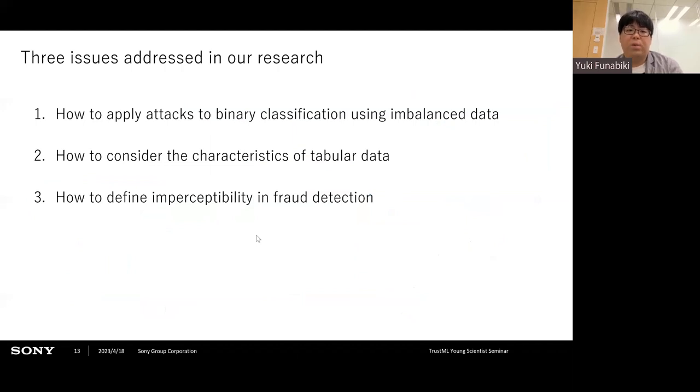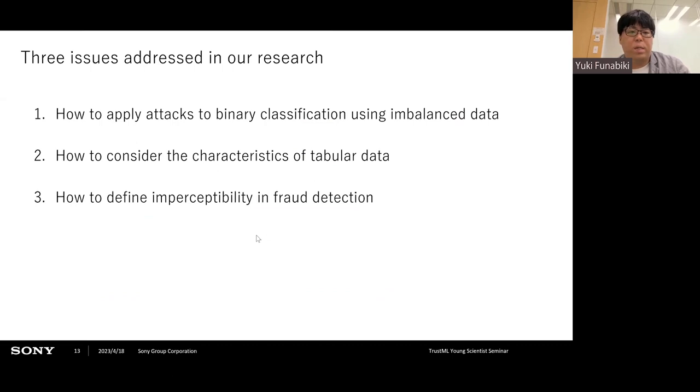And there are three issues addressed in our research. In our use case, we use tabular data and adversarial example generation algorithms, but such algorithms cannot be applied to tabular data immediately. There are several issues, and I list three items.